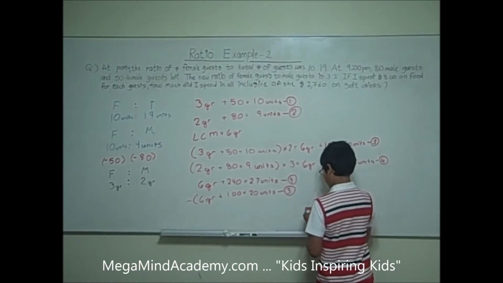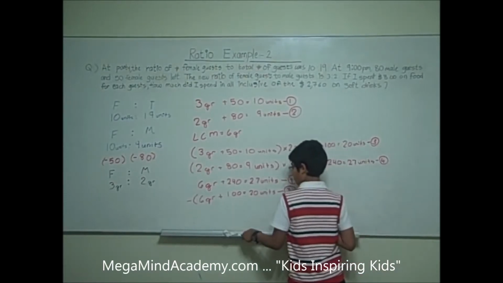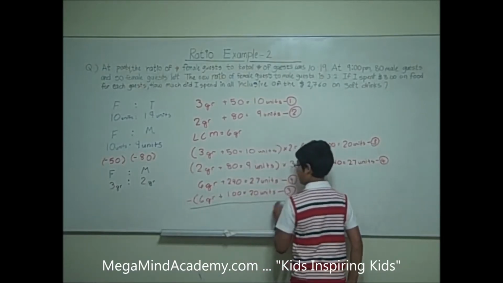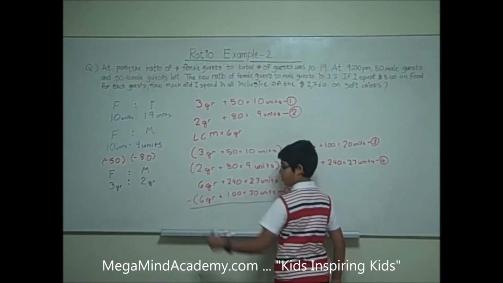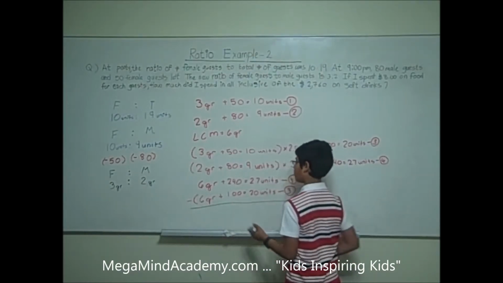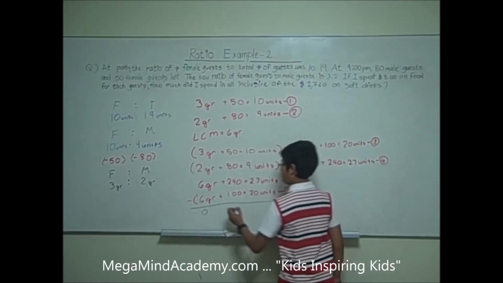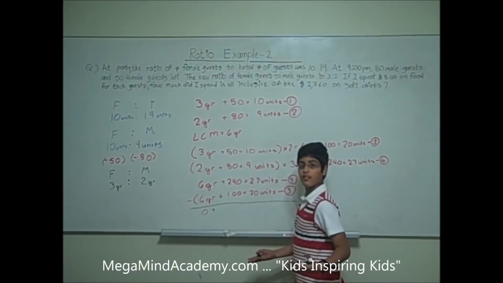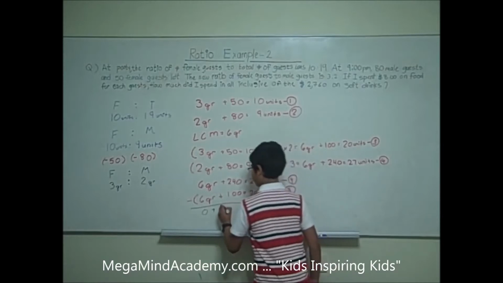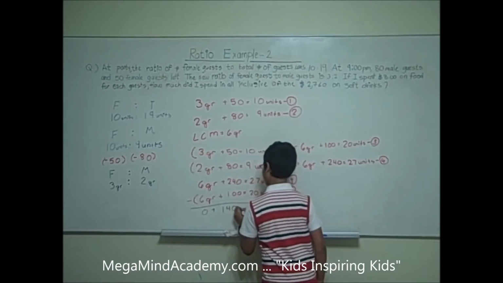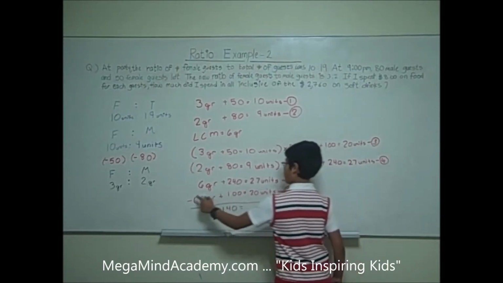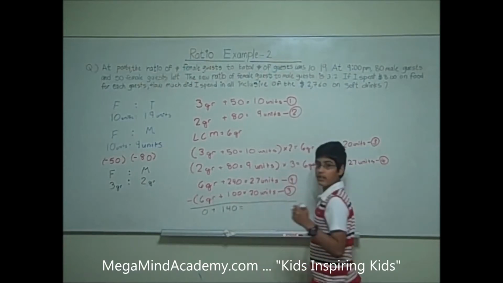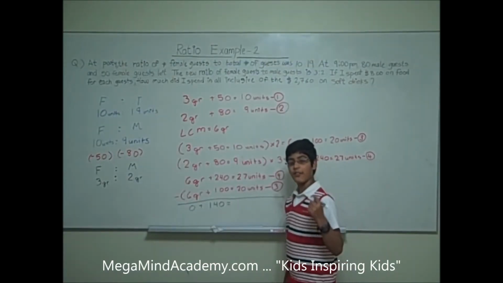Now let's solve it. Minus 6GR is 0. 240 minus 100 is 140, which is equal to 27 units minus 20 units. So 27 units minus 20 units is equal to 7 units.